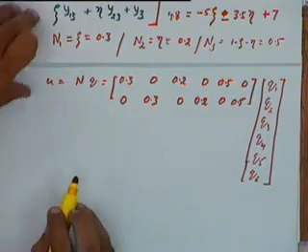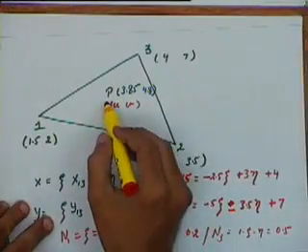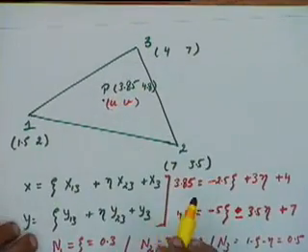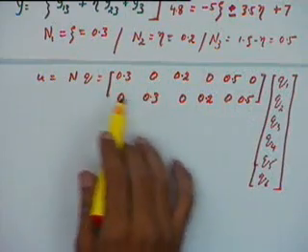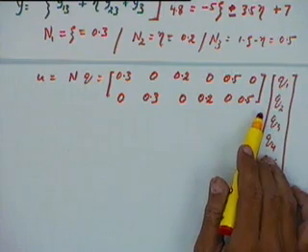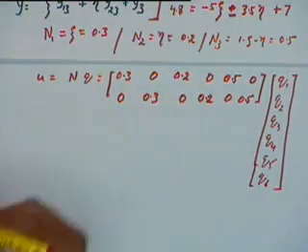This is how we can find the deformations at any arbitrary point inside this element. So we have u equal to n times Q, where n is given by this matrix at this particular point.